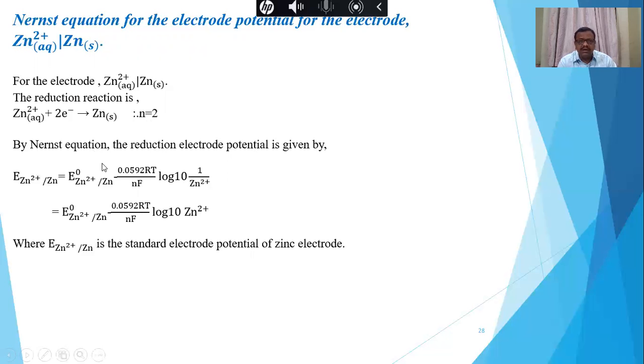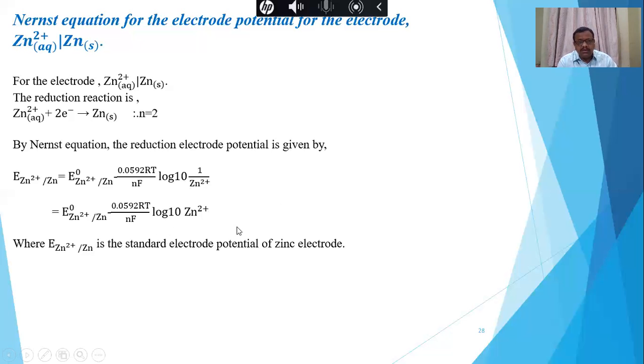By the Nernst equation, as the reaction taking place is reduction, the reduction potential of the given electrode can be given by: E of Zn²⁺/Zn is equal to E standard of Zn²⁺/Zn minus 0.0592 upon nF log base 10 of 1 upon [Zn²⁺].